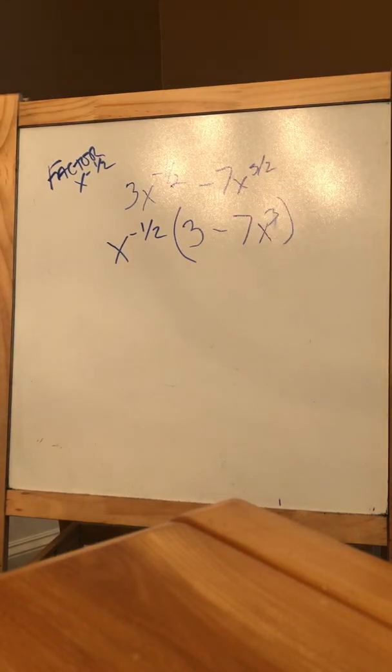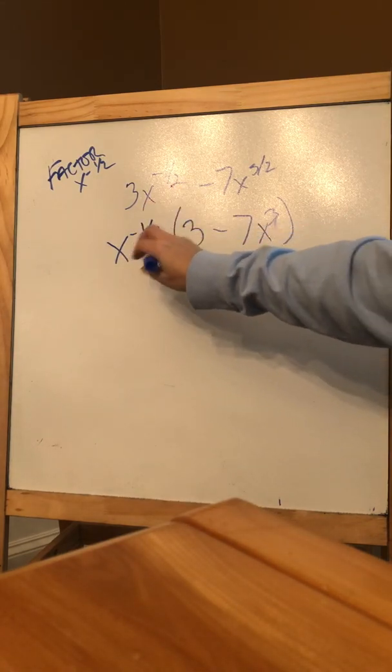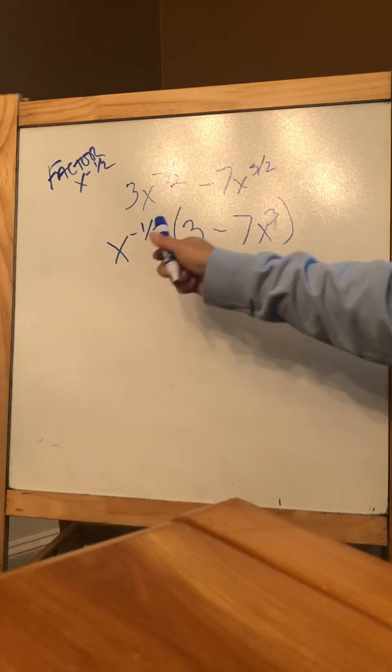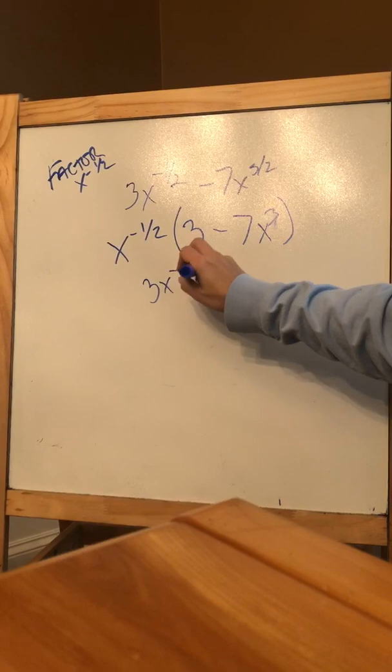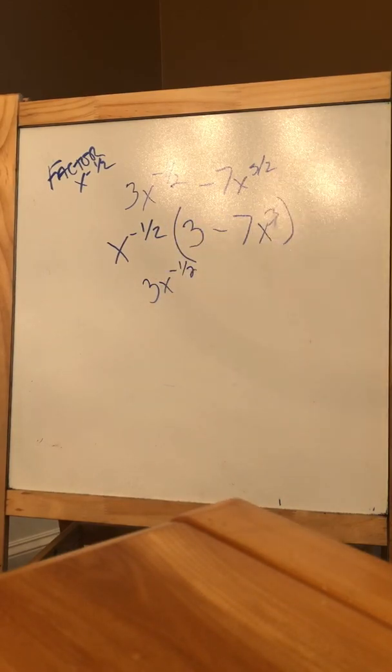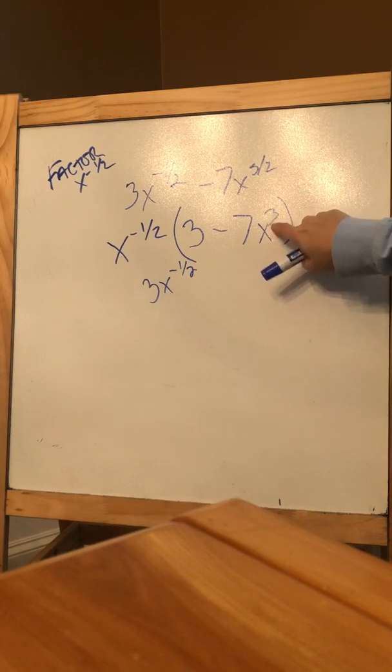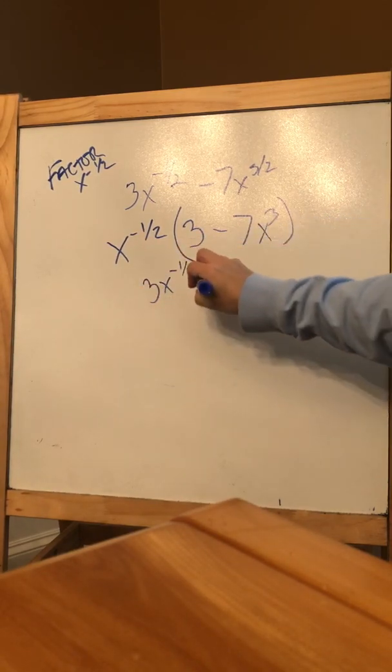Okay, so let's try one. Well, it says that we can check. To check, multiply it back. All right, so let's do that. If we're going to multiply it back, we would end up with 3x to the negative 1/2. If we distribute this one over here, how would we make this the same denominator as this?